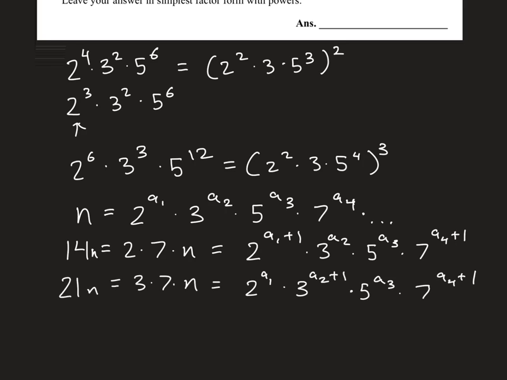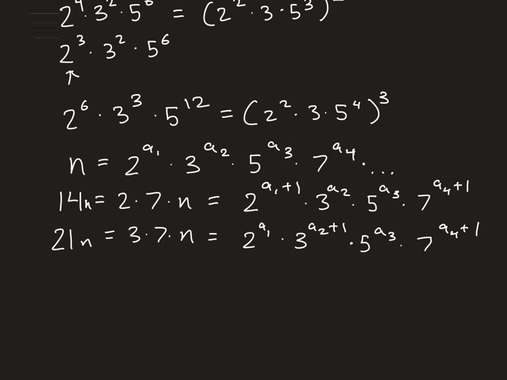Okay, so for these numbers to be a perfect square and a perfect cube, they have to satisfy some conditions, which are that a1 plus 1 is divisible by 2, and a1 is divisible by 3, because 14n has to be a perfect square and 21n has to be a perfect cube.